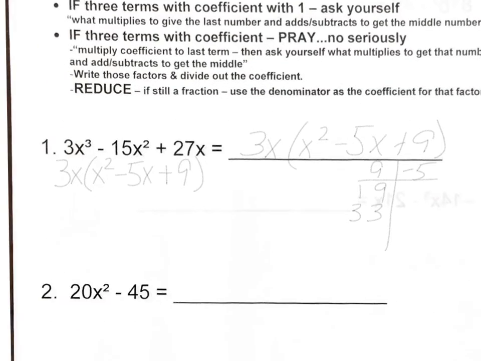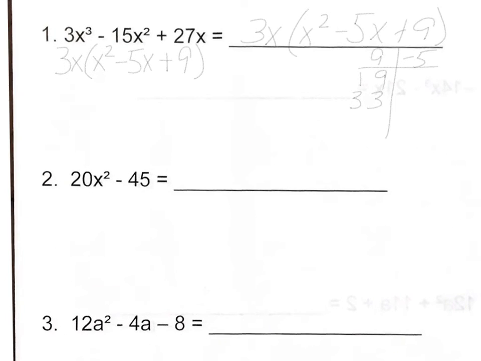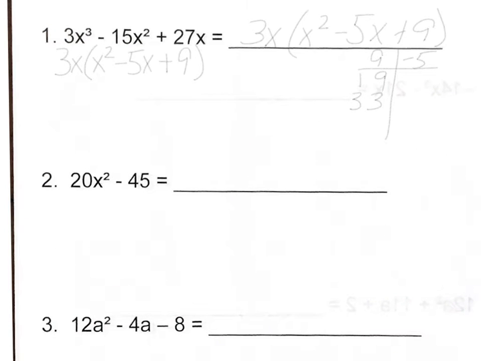Okay, let's go down to number 2. So if we look at number 2, we can take out a 5. So we have 4x squared minus 9. If we look here, we have a difference of squares because 4 is a perfect square and 9 is a perfect square.